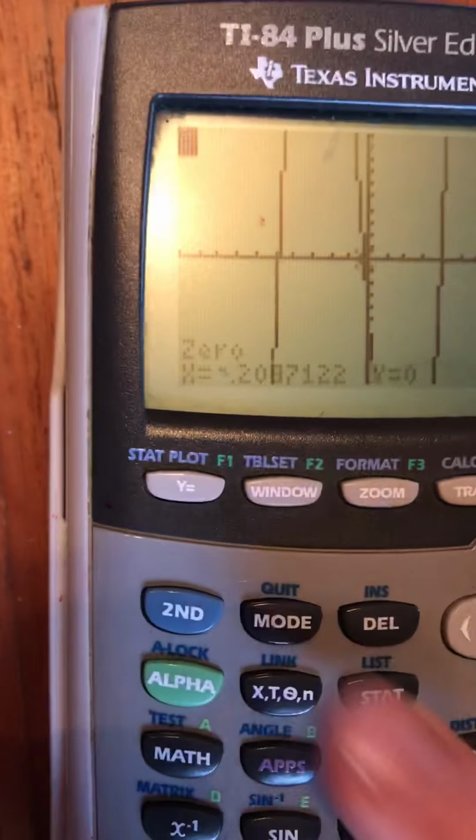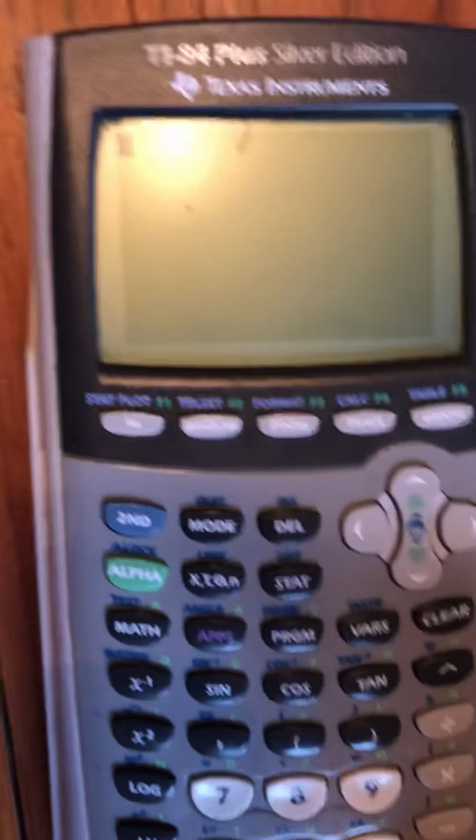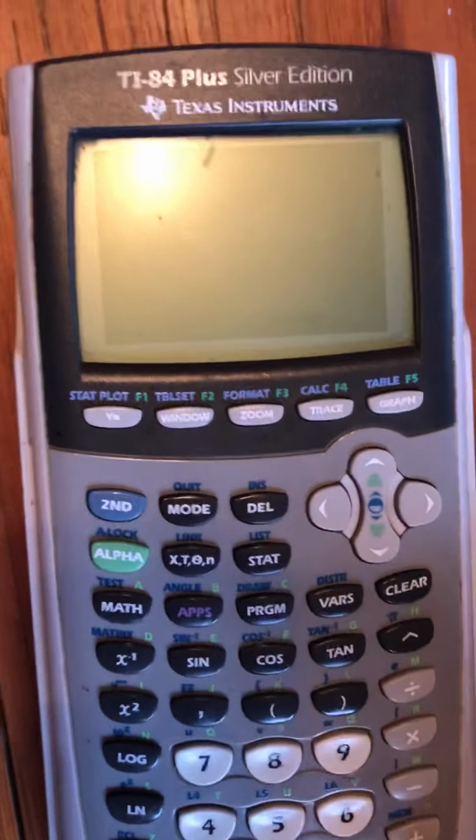And one more thing to check that, let's just type in the radical. We had negative 5 plus the square root of 21 all over 2. There's the negative 0.2087.